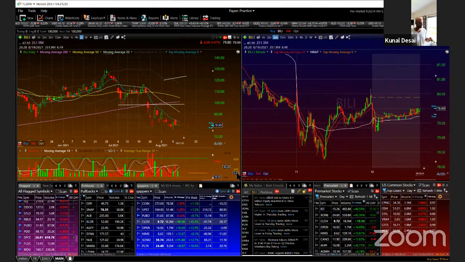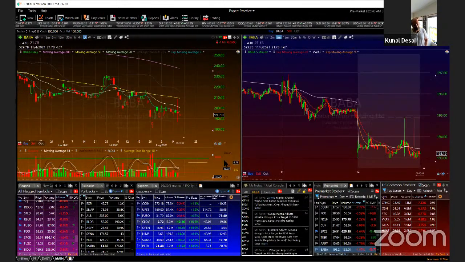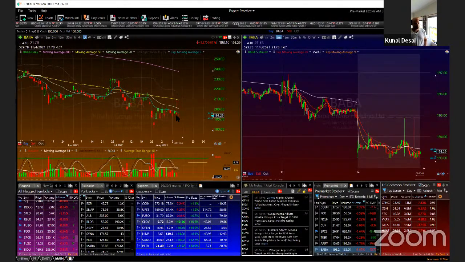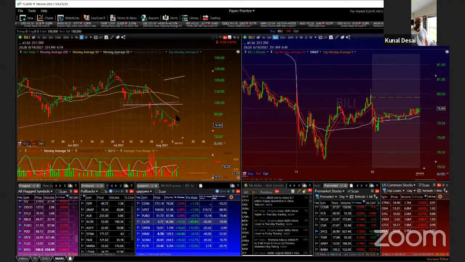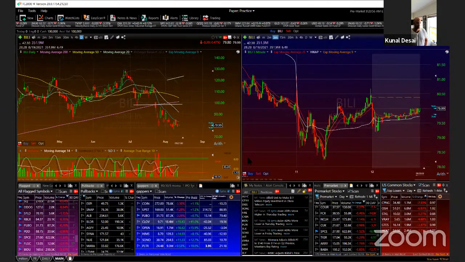This is $80, so you get more bang for the buck. The ATR on this is 5, the ATR on Baba is 6, and this is double the price. So essentially you have the same setup, but more bang for the buck on Billy. That's always important when you're trading. If you're going to throw some cash into it, it's better to have something with a little bit more range on it.